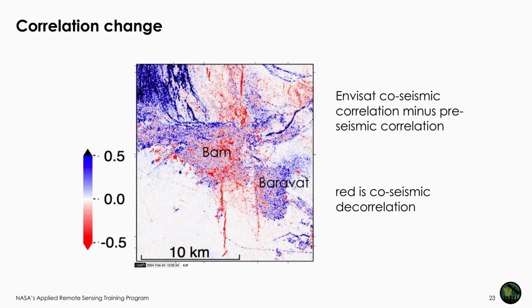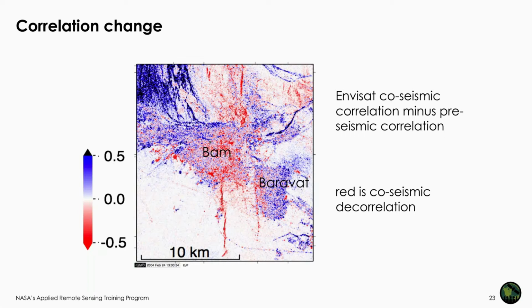And a way to make that even more obvious is to take the difference in the correlation between a pair of images before the earthquake and another one after the earthquake, and that shows the change here as a red, meaning that the correlation decreased, and that shows you the surface ruptures extending south of the city very clearly, and it also shows the large amount of red in the city of Bam, which is unfortunately due to the destruction of buildings, a lot of which had people in them that were killed.